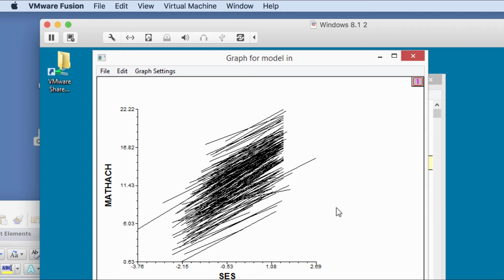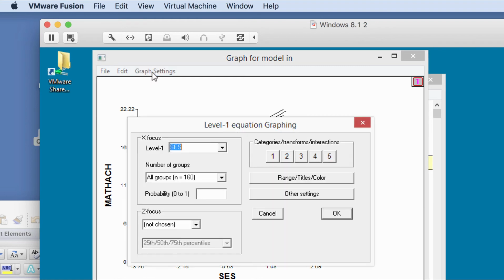And you can see that the slopes are different. You have some that are accelerating this way, and you have some that are flat. So the slope variability across these schools is different. The other thing we can do is look at it by sector.